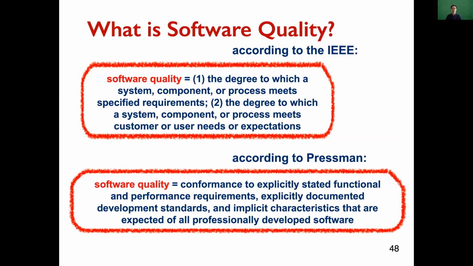So these are definitions of software quality. Remember that software quality is about whether the software meets the user requirements: whether the software meets the specified requirements and whether it meets user expectations, two dimensions.